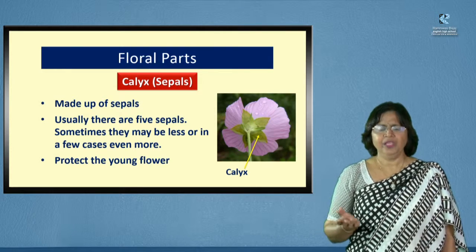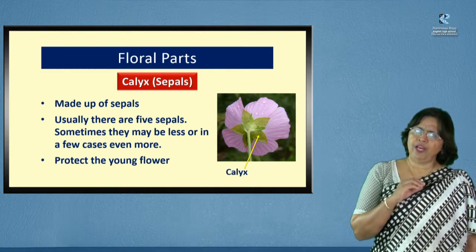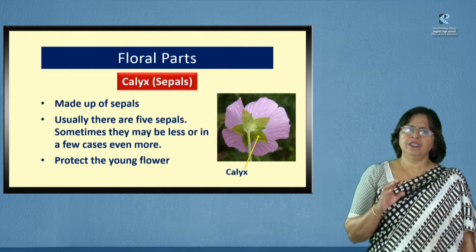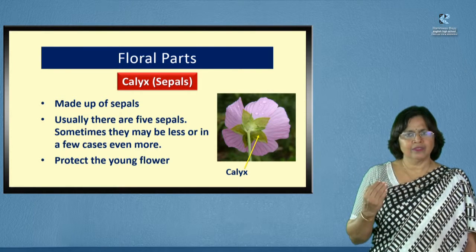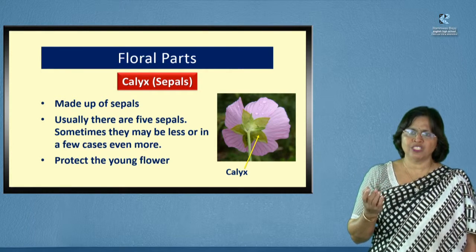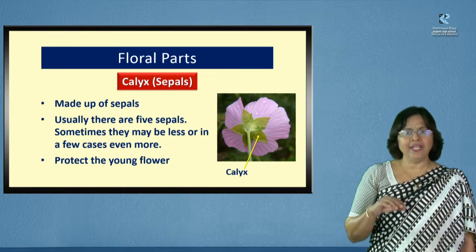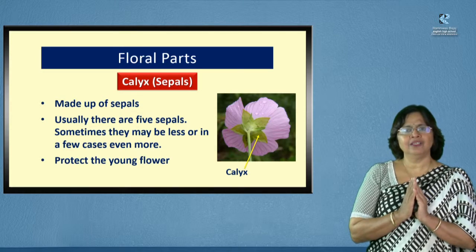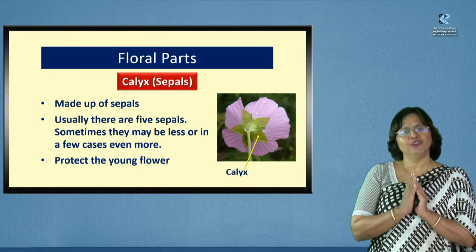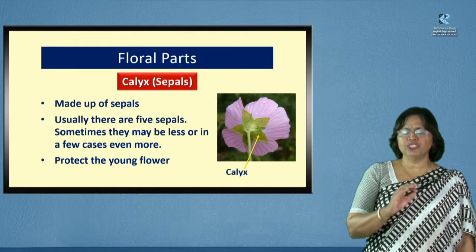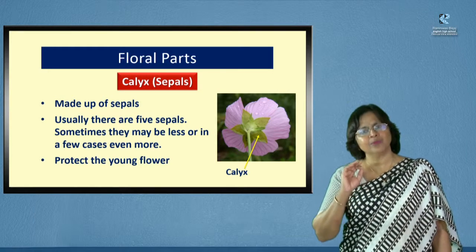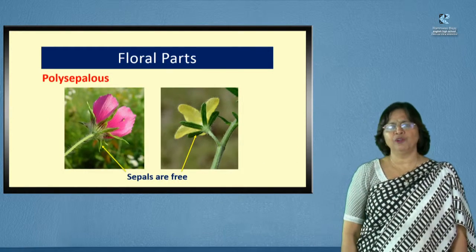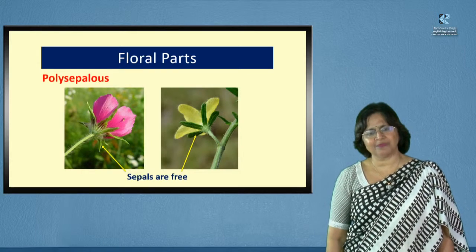In a young flower, being green, the sepal carries out a certain amount of photosynthesis, but in the bud stage it covers and completely protects the flower which is yet to be formed. So its main function in a young flower is protection, in addition to carrying out some photosynthesis.